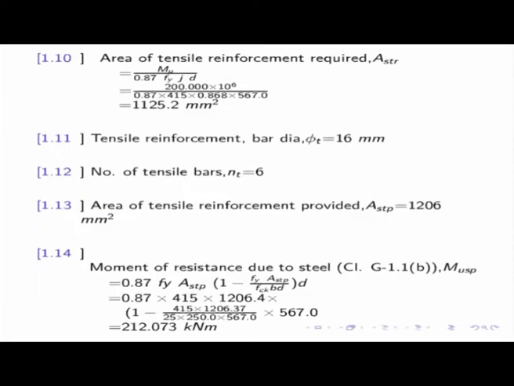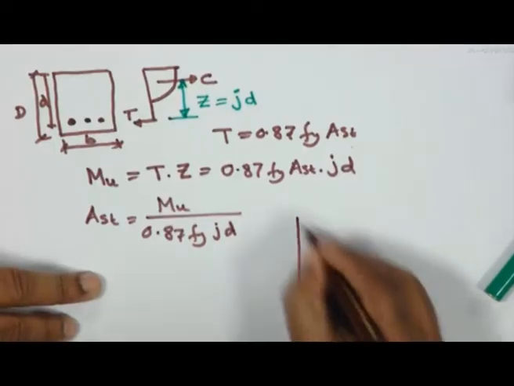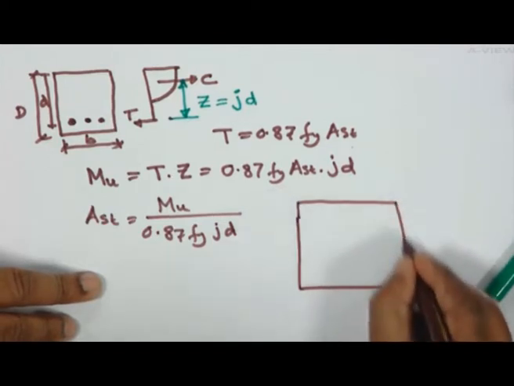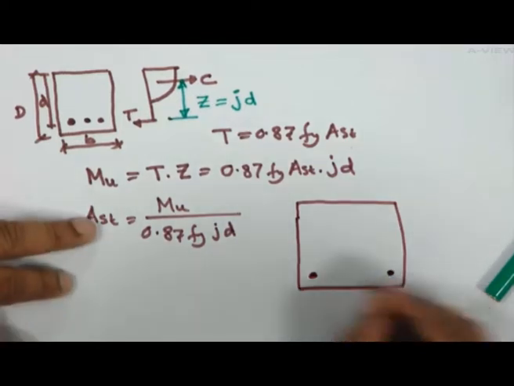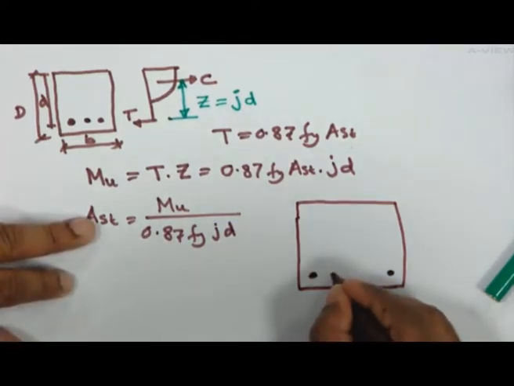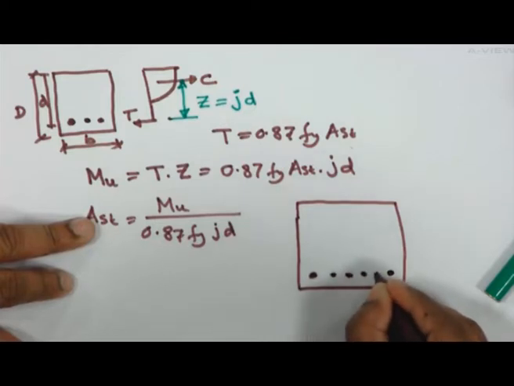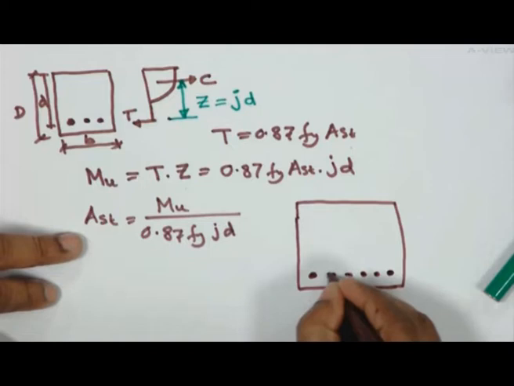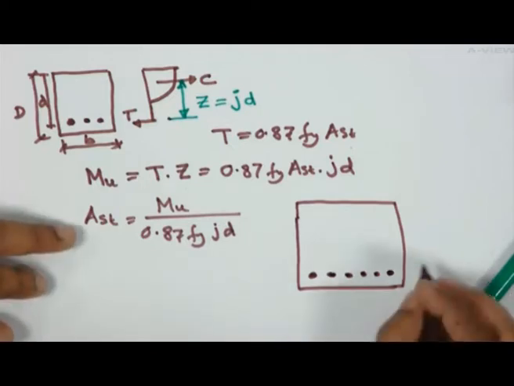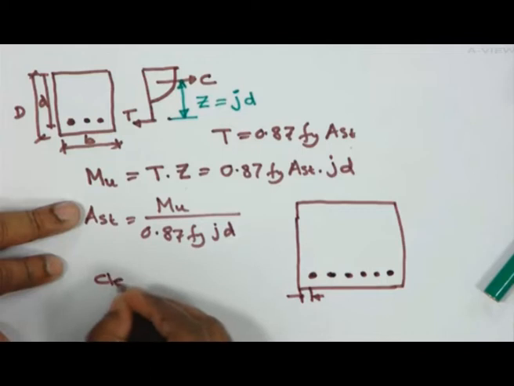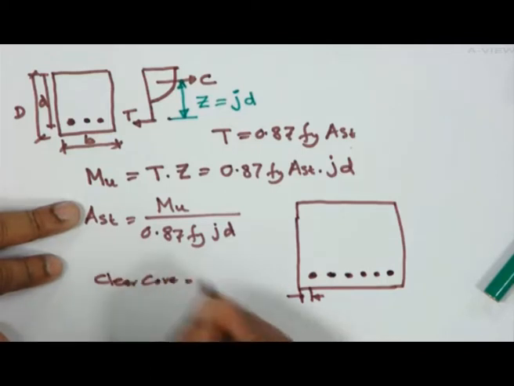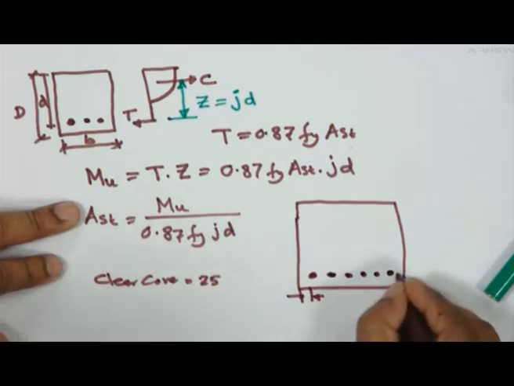You are providing 6 bars here. How much clear cover do I have to provide? Here I shall provide 25, and on this side also 25.